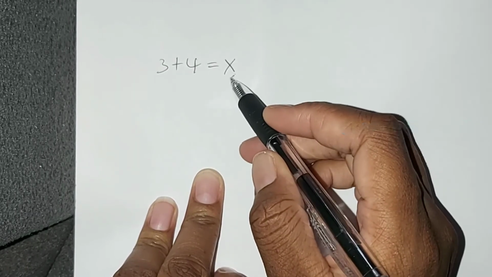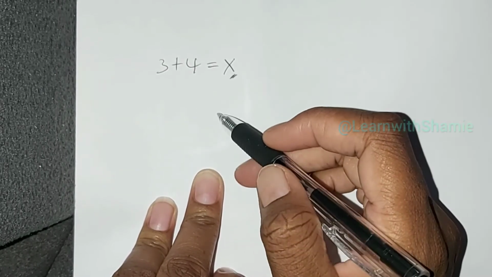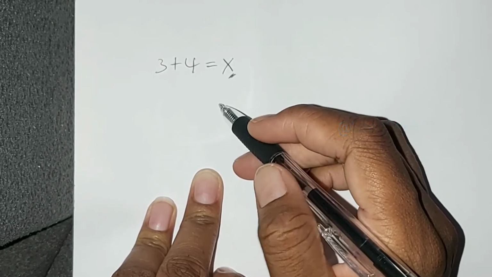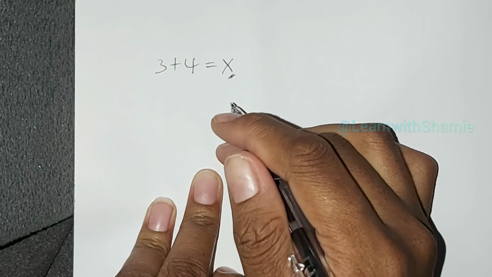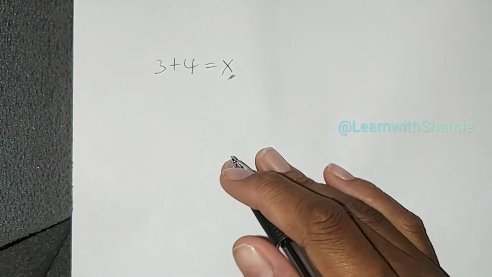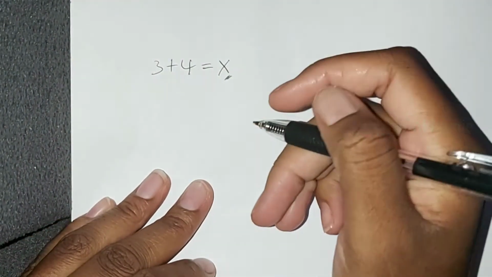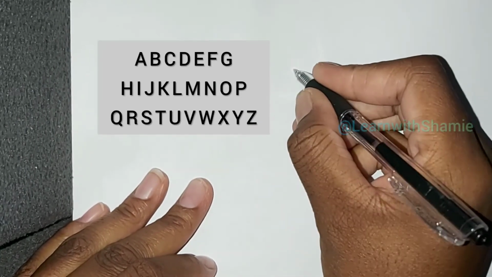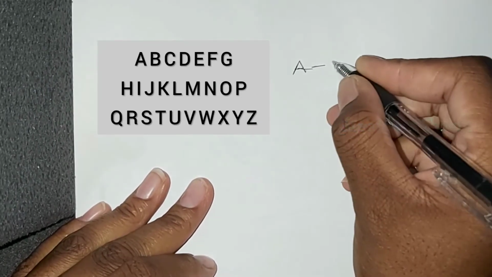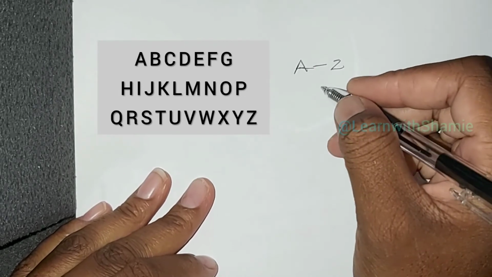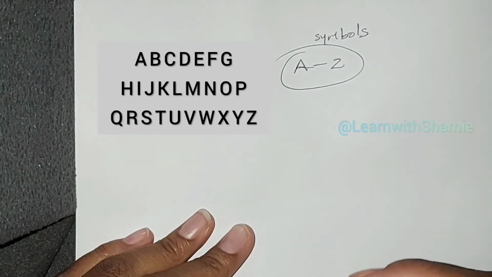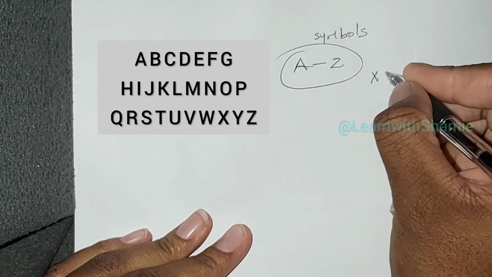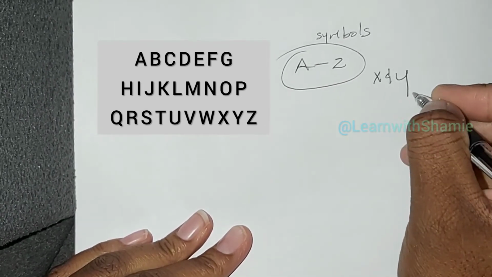Therefore, x would be the symbol in this equation, and it would be the placeholder for the unknown value. Please note, these symbols can be any letter from the alphabet A to Z, but the most popular ones used are X and Y.